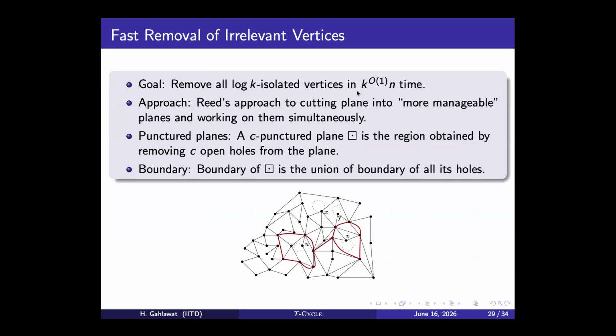And for this, we use an approach of Reed, where he cuts the plane into different parts in such a manner that every vertex in one part is isolated from every vertex in the other parts.